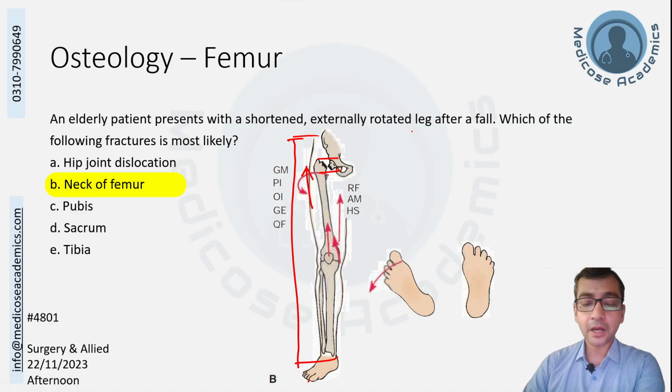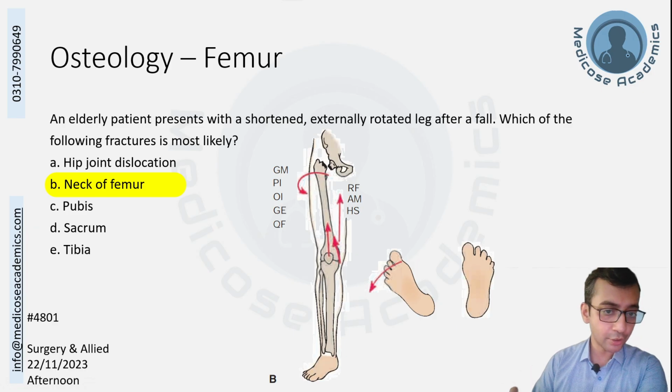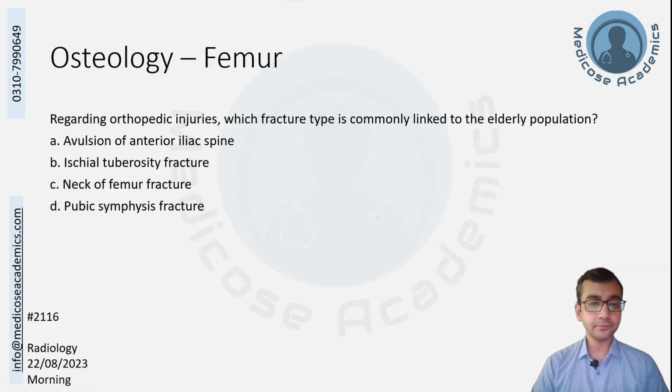Moreover, the unopposed action of the adductor muscles, chiefly adductor magnus, and the other muscles of the medial compartment of thigh, along with obturator muscle, lead to the lateral rotation of the thigh. So a person with a neck of femur fracture will be presenting to you with shortened length of leg and externally rotated.